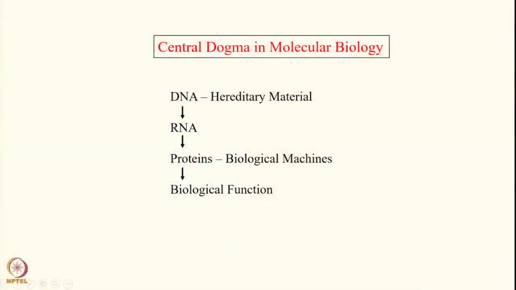And everybody knows that especially the biologists, they will know that the central dogma in molecular biology is described in this particular manner. Every cell has a DNA which is there inside the nucleus, and this is the hereditary material.